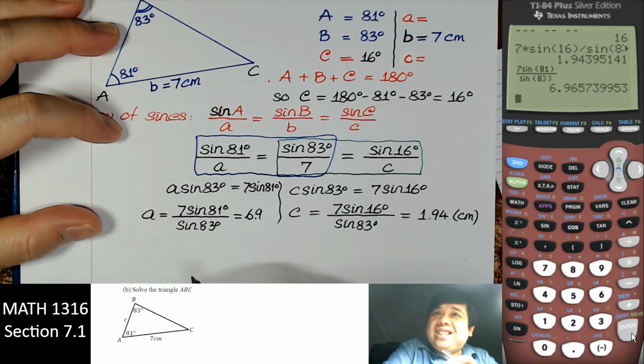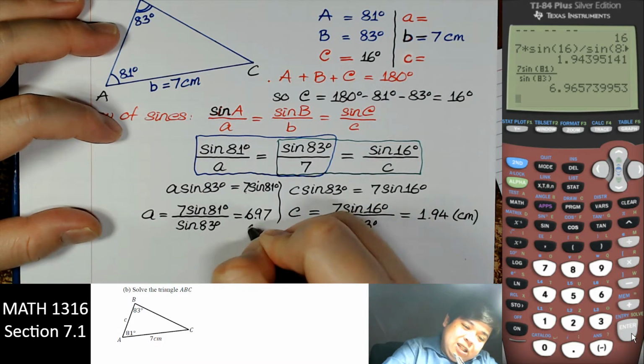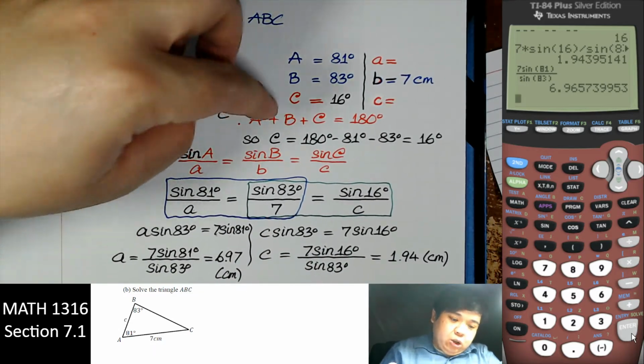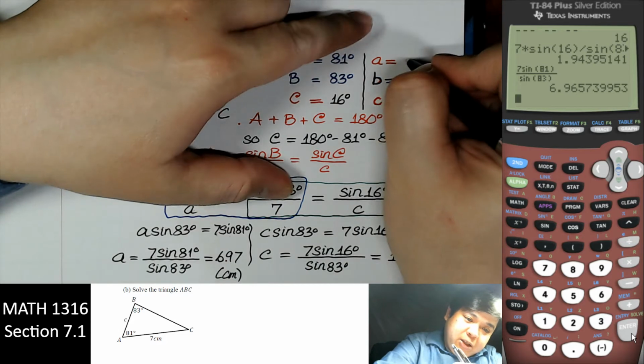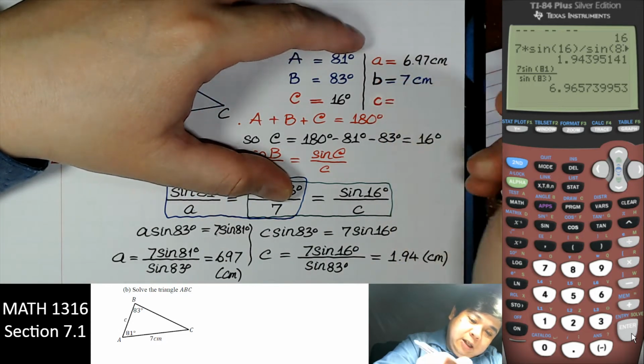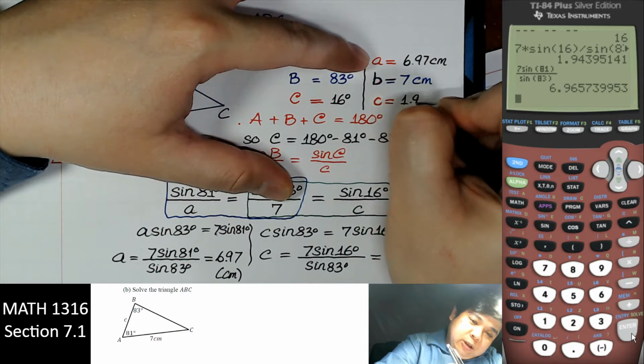Let's say 6.97 centimeters. Right. So we have side a 6.97 and then c 1.94.